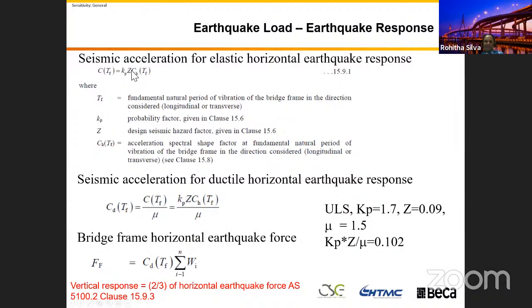To make it acceleration, we multiply by our seismic hazard factor, or as we called before, ground acceleration. Depending on the importance level, how important our bridge is, we multiply by Kp. This makes sense. For our bridge, if it is design category 4, the Kp is 1.7. I should say that this is Z equals 0.09, in the Kayama area. The hazard factor of the ground acceleration is 0.09, and then you can multiply these.